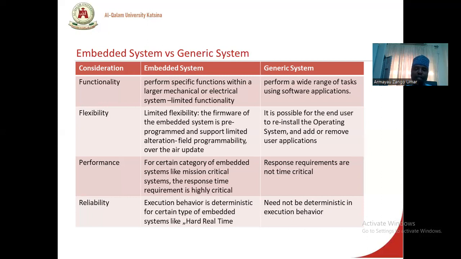Over the air update means that some systems acquire updates of the firmware or other applications over the air, without physically connecting the devices to a server where they will download the software. And there is also what is known as field programmability, that is, being able to program an embedded system while it's in operation.